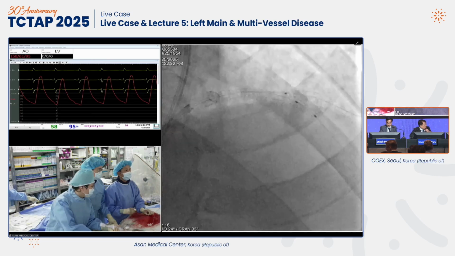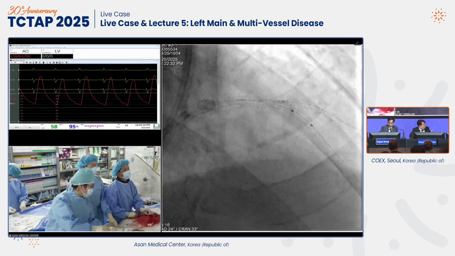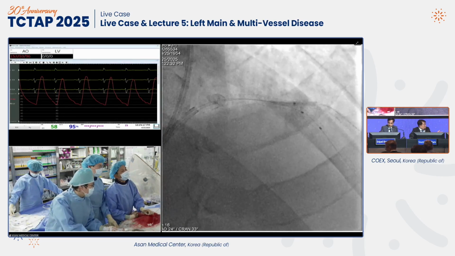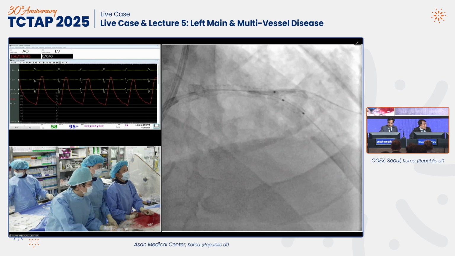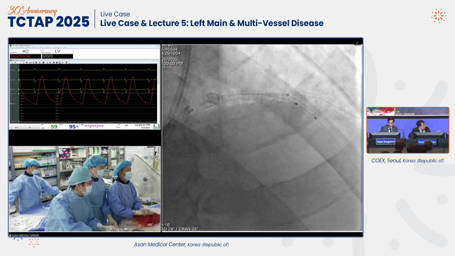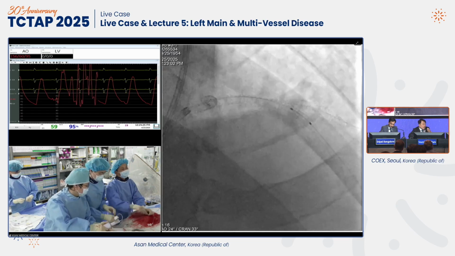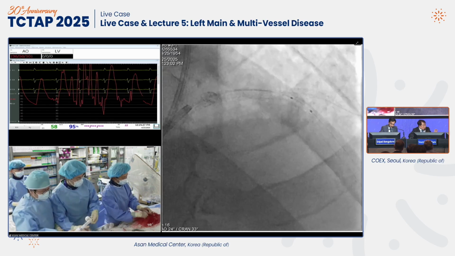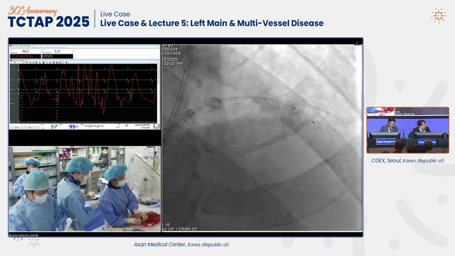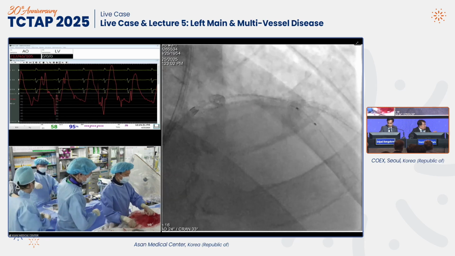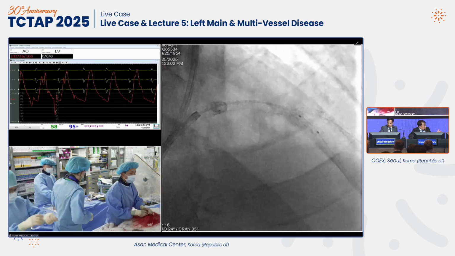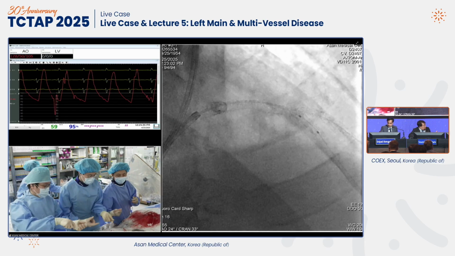This case is morphologically really complex, right? Diffuse, long region. However, I think a little bit changes in terms of complexity concern. If the interventionist can make a good angiographic and IVUS optimization, the result-wise is relatively good.